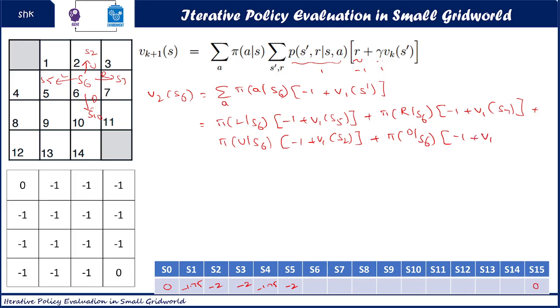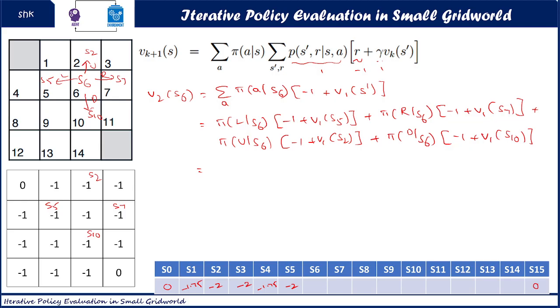The reward is minus 1, V1 of. When we take the down action, we are changing the next state to S10. So V1 of S10. As we considered the probability as 0.25, here we require V1 of S5, V1 of S7, V1 of S2 and V1 of S10.